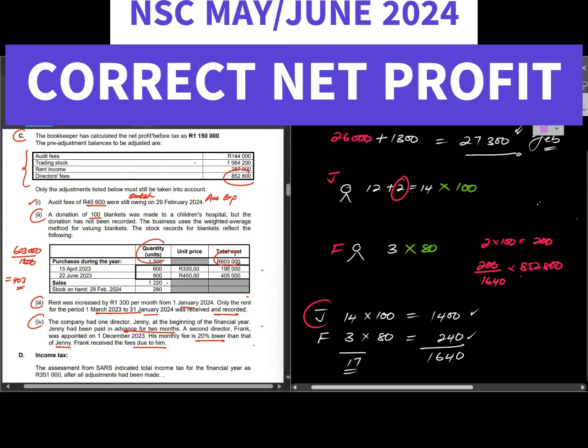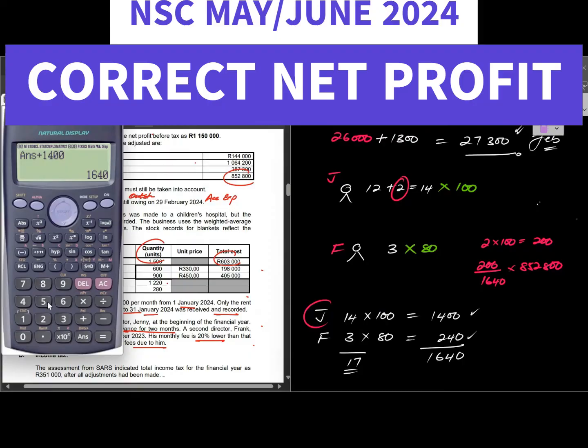Let's see if we can get our adding machine. There it is. So we're now going to say we want your 200 over the 1,640, like that. And then you multiply that by 852,800. And then it will give me 104,000.